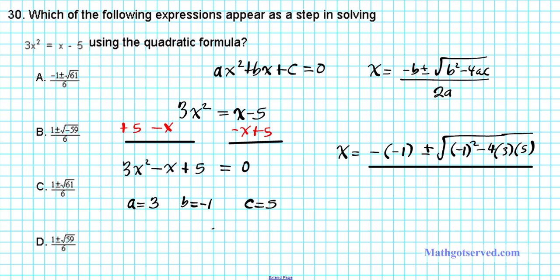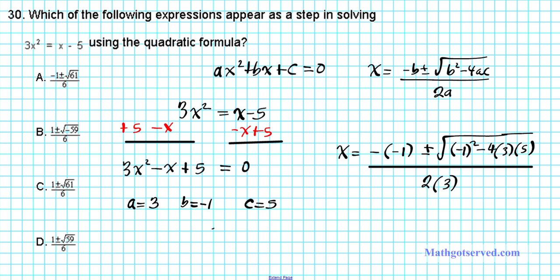So we have 2 times 3. Now, one strategy to use to avoid making mistakes with your sign is by always using parentheses when you're substituting values in for the letters in the quadratic formula. Okay, if you cultivate that habit, you'll be less likely to make mistakes with your signs.